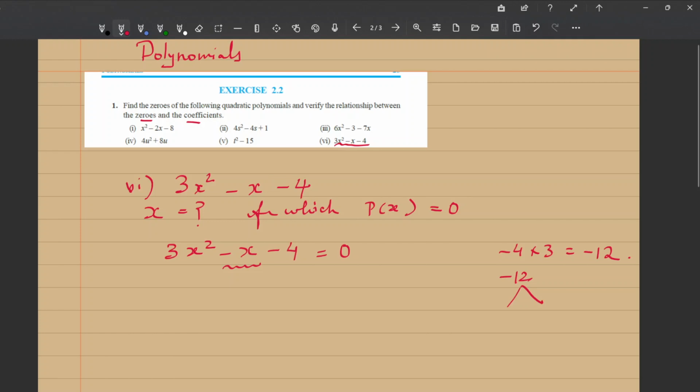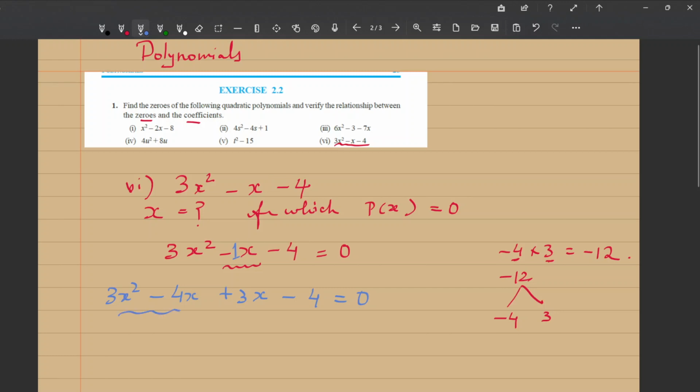I think these factors, minus 4 and 3, add up to minus 1, which is the coefficient of x here, isn't it? So, we can use the same factors to split the middle term. So, 3x squared minus 4x plus 3x minus 4 is equal to 0.